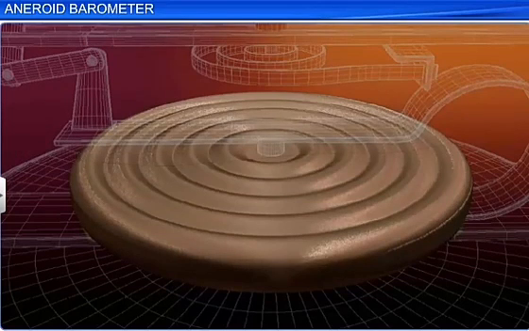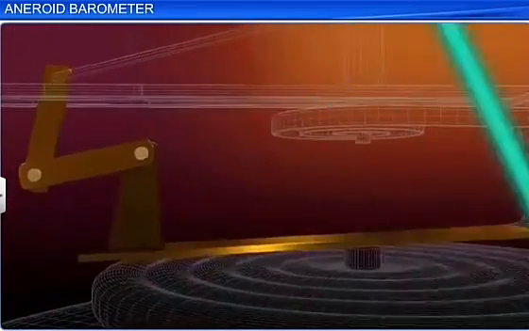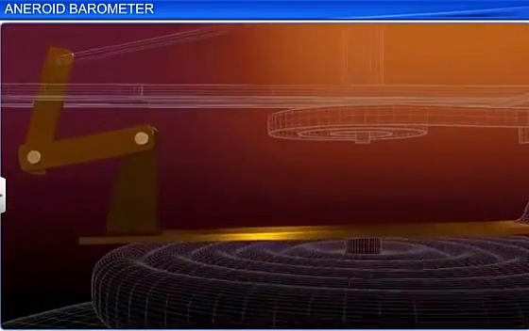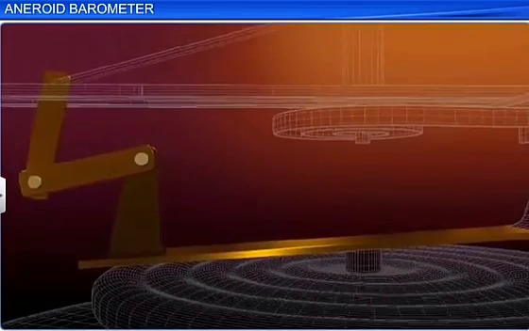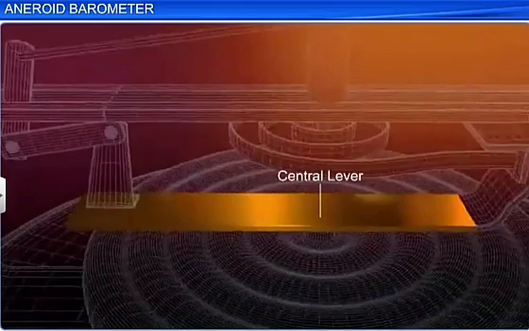The metallic box expands or contracts in accordance with the changes in the atmospheric pressure. The resulting movements of the diaphragm are magnified with the help of a system of levers. The central lever of the system of levers is fixed at the middle of the diaphragm.